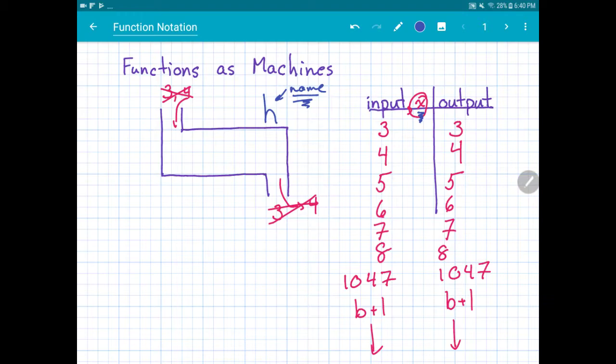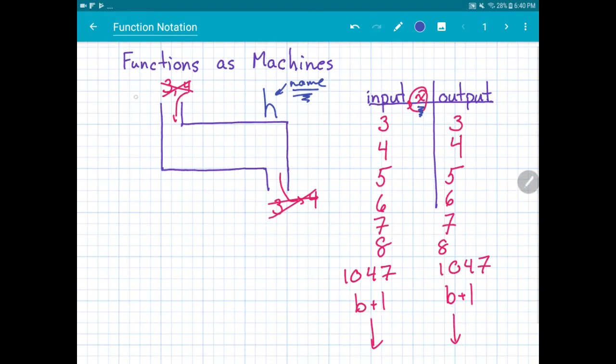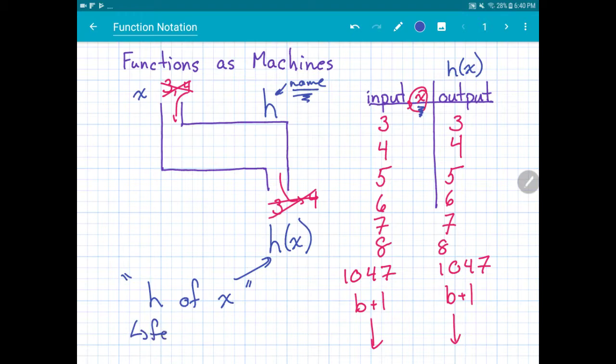So if we're going to write what comes out of H, we know that X is going in. We need to show you that I use the H machine to do something. And what did I do it to? I did it to the X. So we're going to write our output as H of X. So that's how you read that. That's read H of X. But really what it means is feed X into the H machine.